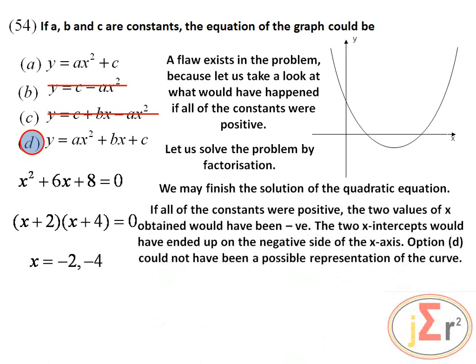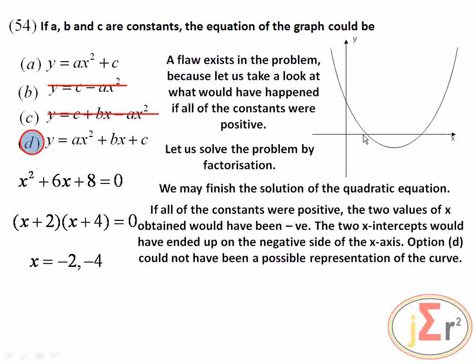If all of the constants were positive, the two values of x obtained would have been negative. The two x-intercepts would have ended up on the negative side of the x-axis. Option D could not have been a possible representation of the curve, because if all of the constants were positive as in our earlier assumption, the two intercepts would have been negative.